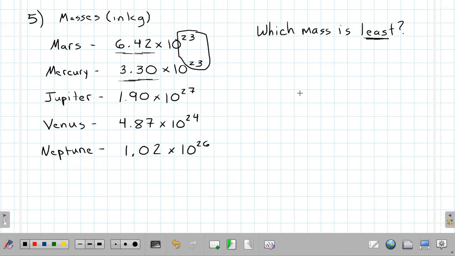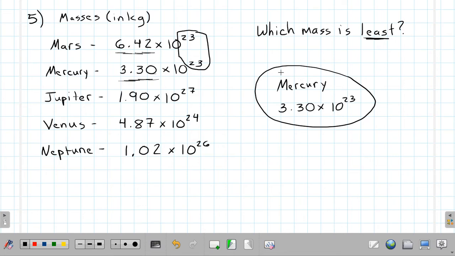So that tells us that Mercury has the least mass at 3.30 times 10 to the 23rd. And once again, that's because Mercury had the least number in terms of the exponent, and then also the least number out of those two with the starting factor.